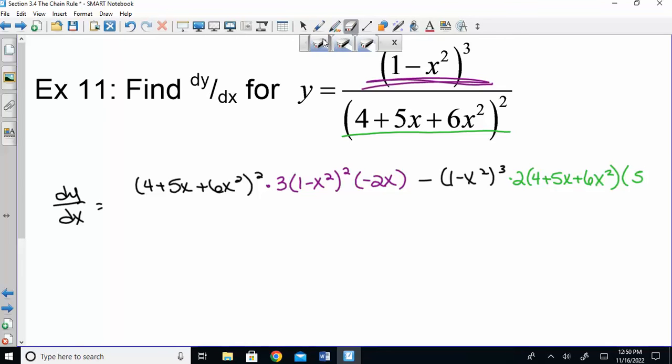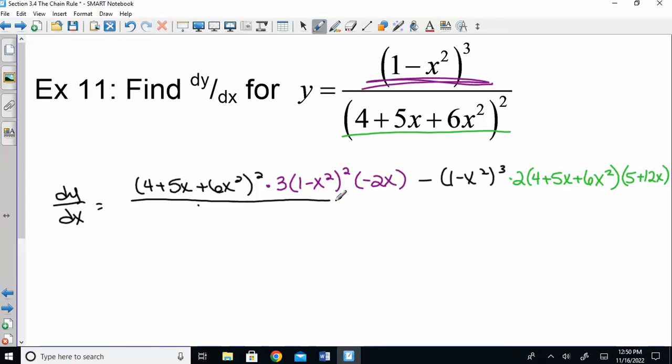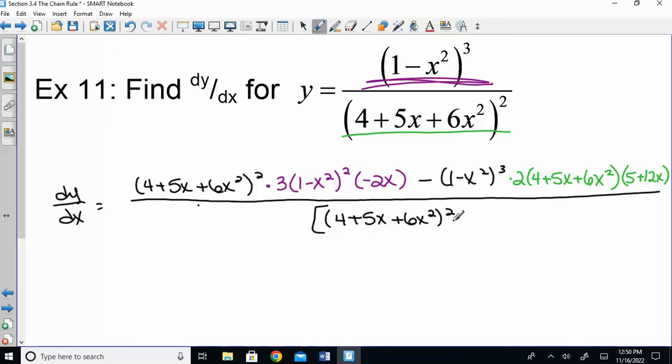Times derivative of the inside, which would be 5 plus 12x. Over low squared.